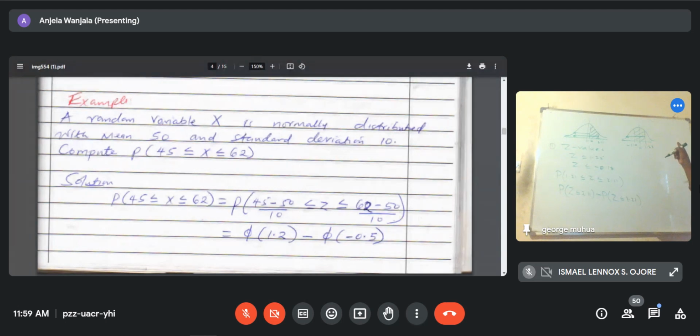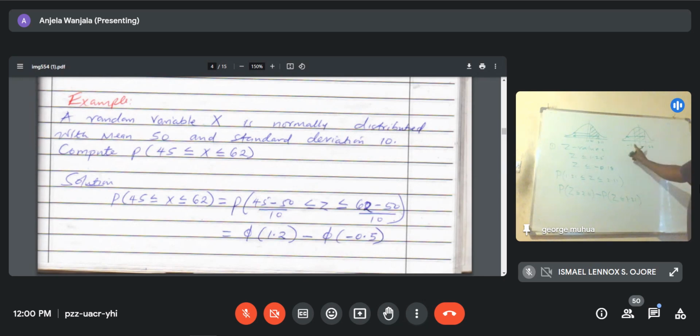Now, I don't know how you would want to do it, but the table gives me this for 1.23 and this for 1.10. So how do we determine the area in between them? I can get the area for 1.23 from the table, that is up to the end. If I subtract 0.5 from that area, I'll get this part here.